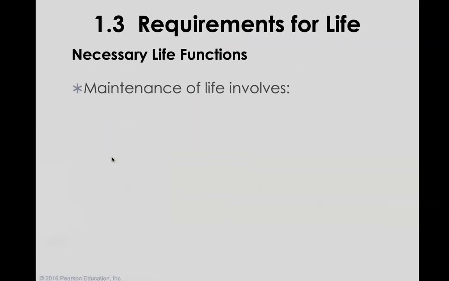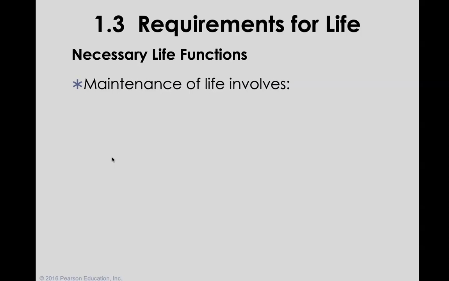So let's talk about these necessary characteristics for life. What makes us a living organism? The maintenance of life is going to involve things like maintaining boundaries. And just like in relationships, maintaining boundaries is important, right? It's also important in the human body as well.